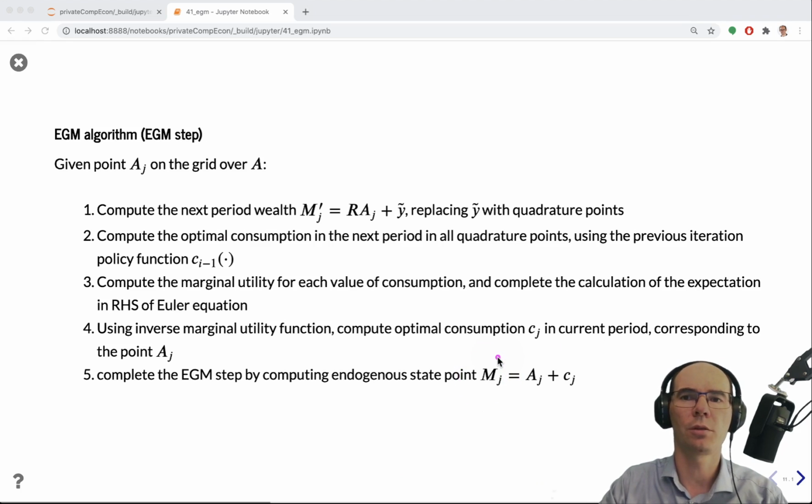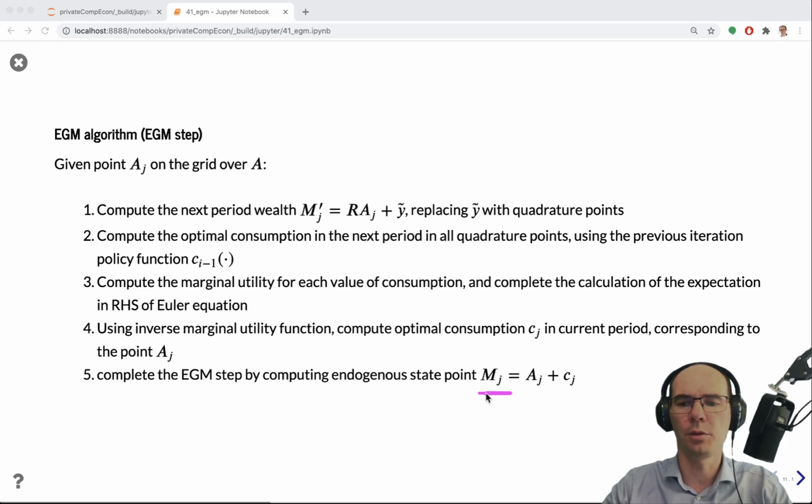And so on each iteration of the solver, we will have a different grid over the state space. And therefore, this method is called the endogenous grid point method, right? That's because the grid over state space becomes endogenous in a sense that these are the points that correspond to some fixed grid of optimal choices of savings.